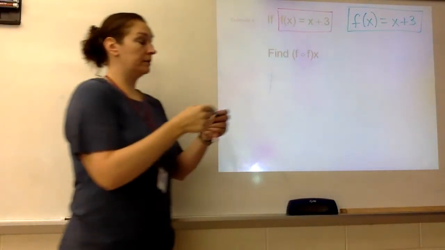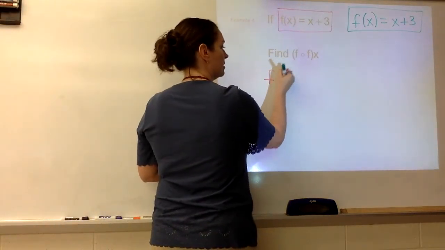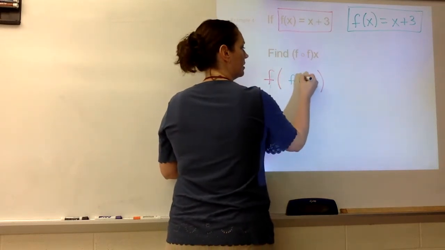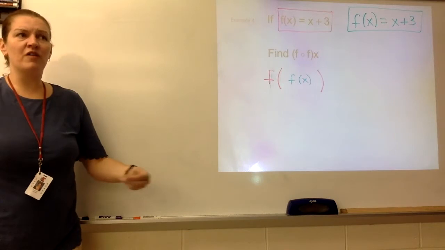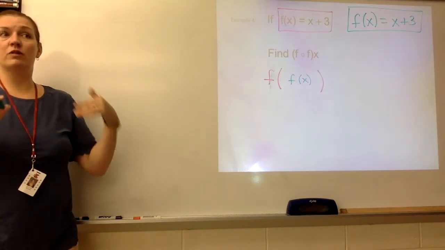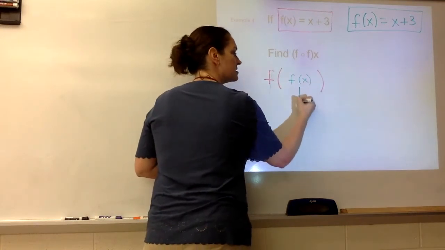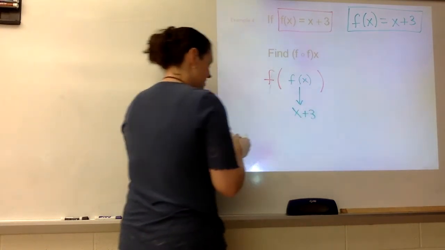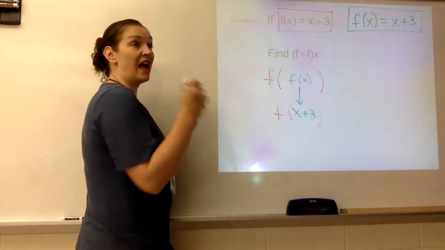Highlight the green one. So according to this, I want to go to the f function, and I want to plug in the green function. Doesn't matter that I'm using the same one. The process is the same. What is the value of f of x? X plus 3. X plus 3 is the quantity that I'm now going to put into the f function.